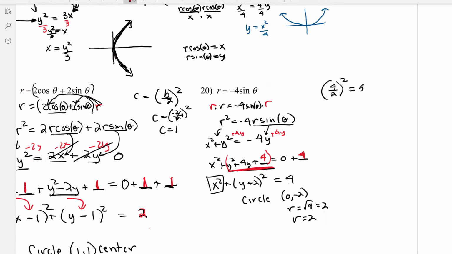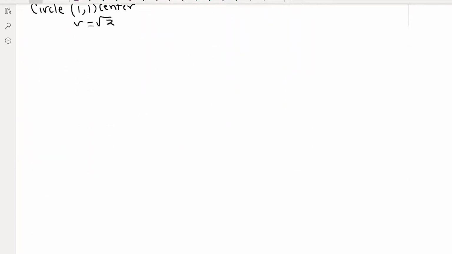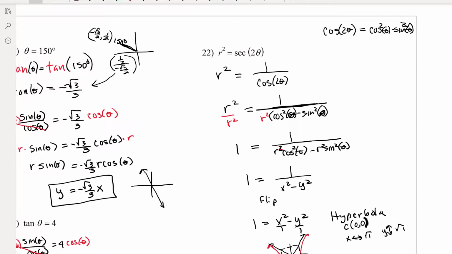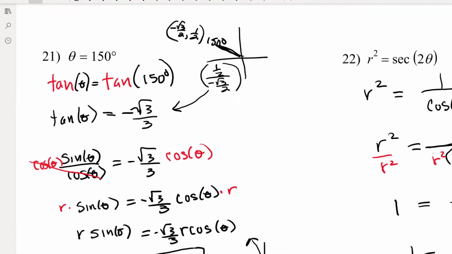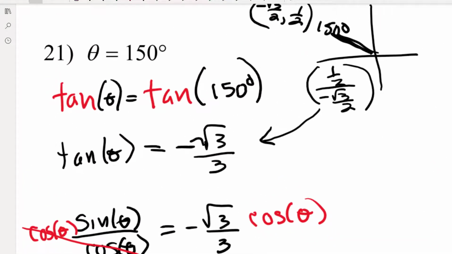All right, let's see if there's a different type. Go down a little bit. Okay, these are the ones that get a little bit dicey. When you see a theta equal, just know you use tangent as an operator. You take tangent of both sides.